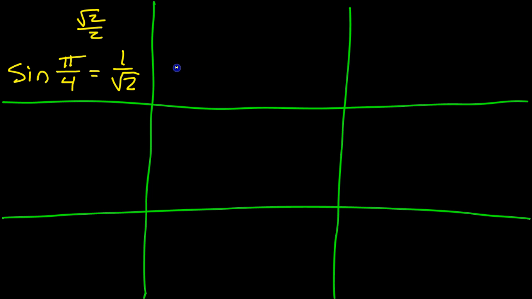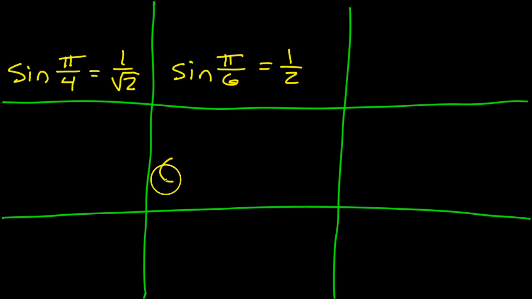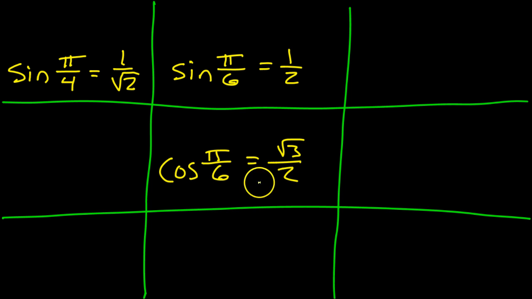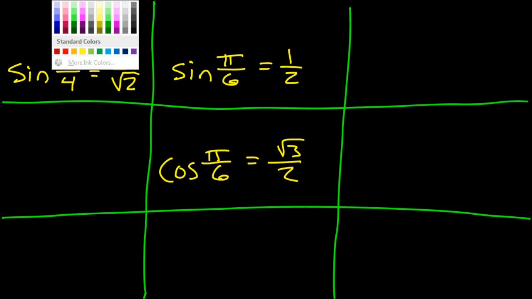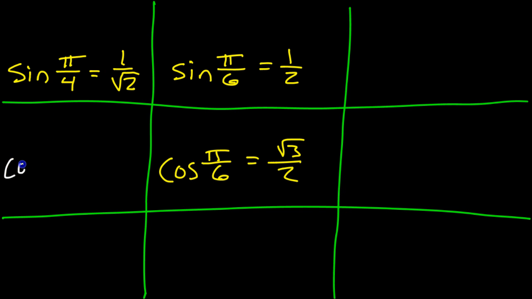But you also should have memorized that the sine of pi over 6 is 1/2, and that the cosine of pi over 6 is radical 3 over 2. Now if you memorize these three things, you should be able to figure out everything else on this chart. First of all, you should now know the cosine of pi over 4, because that's the same thing as the sine.